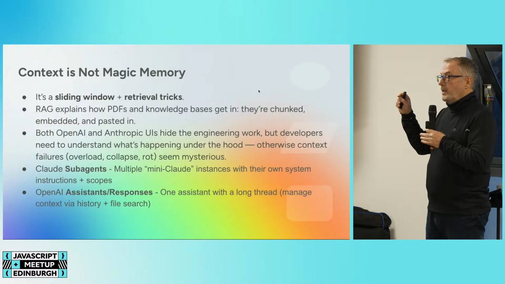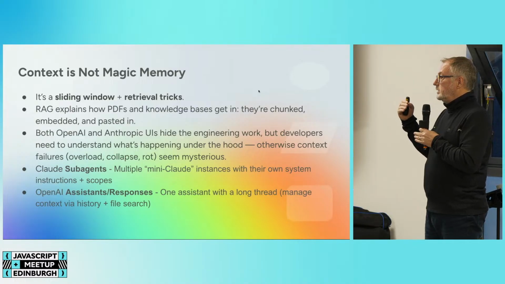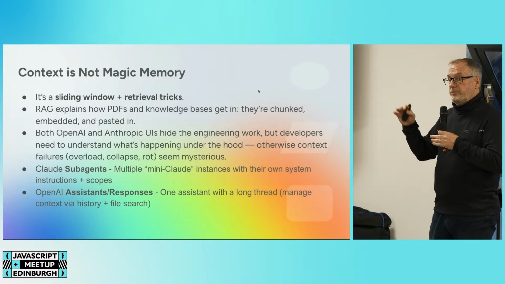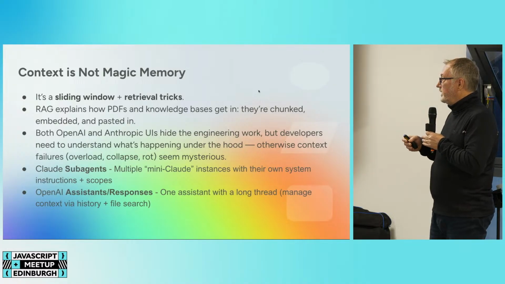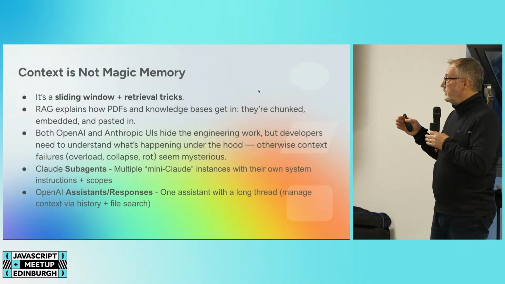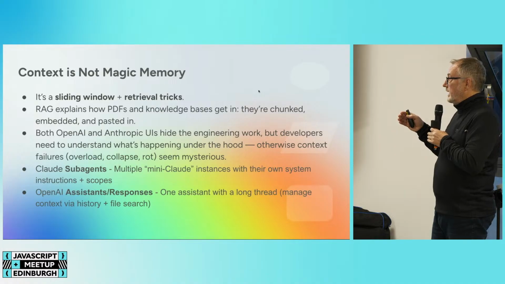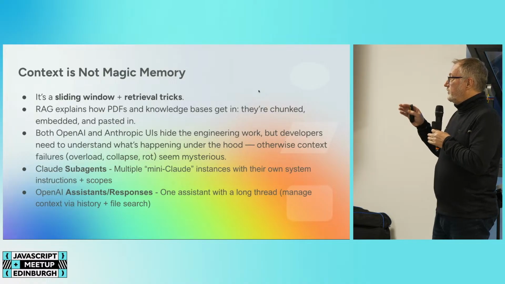I like this a lot. You can use different model sizes with different contexts for different roles, which I think is great. And OpenAI is a bit of a mess. Their assistants, as I say, is going to be deprecated, and it's going to responses, and that's one assistant with a long thread. So there are two different ways of managing that context.